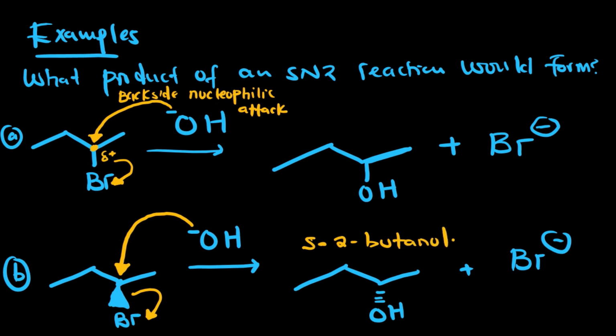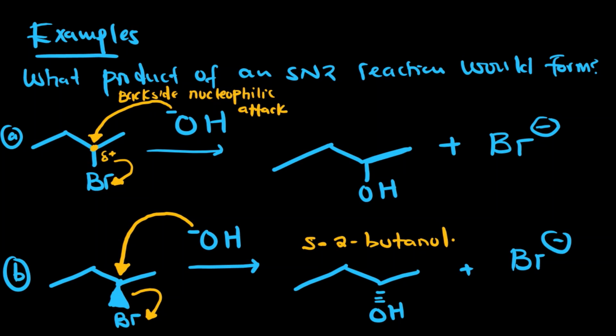So an S configuration is formed from an R configuration. If you start with an S configuration alkyl halide that undergoes an SN2 reaction, what is going to form is an R configuration product.